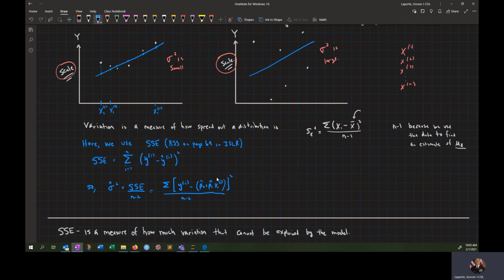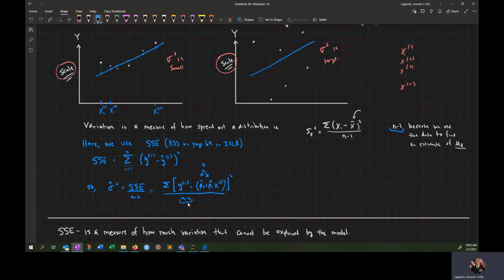The reason I wrote that out is because I wanted to explain this n minus 2. I haven't talked about that. There was an n minus 1 over here, and it's the same reason that we use n minus 1 over here. We use the data one time to figure out what that parameter is in order to do this calculation, and in this case we used the data already to find these two things. So there's two parameters that we found an estimate for, and we used those two parameters in this estimate.